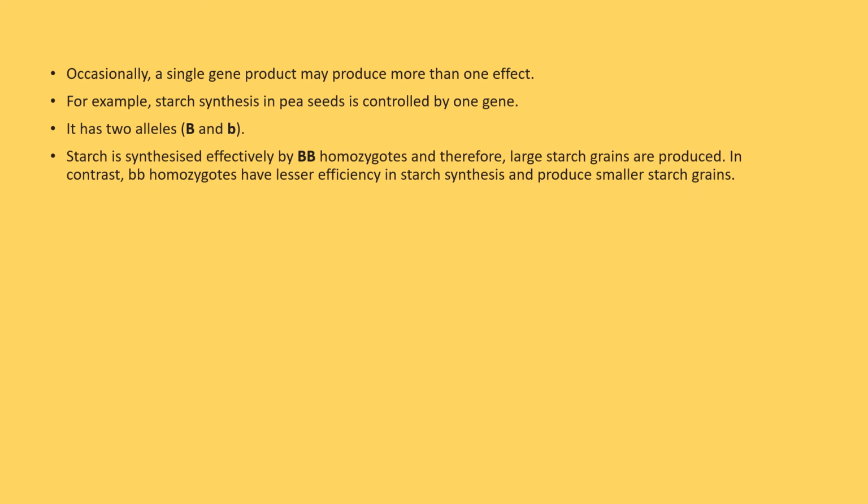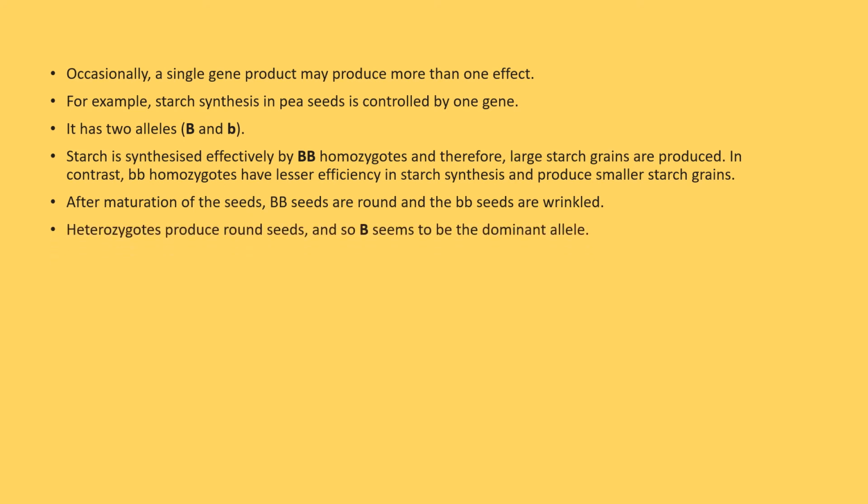Starch is synthesized effectively by capital B homozygotes, and therefore large starch grains are produced. In contrast, small b homozygotes have less efficiency in starch synthesis and produce smaller starch grains. After maturation of the seeds, capital B seeds are round and small b seeds are wrinkled.